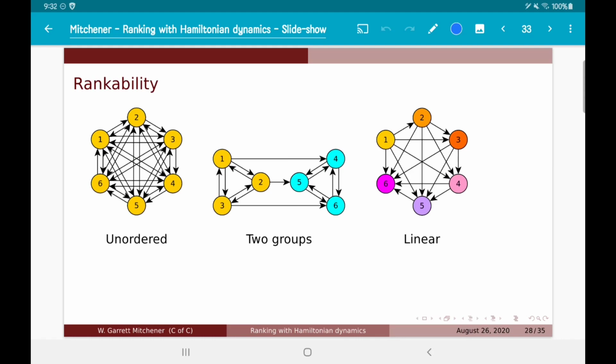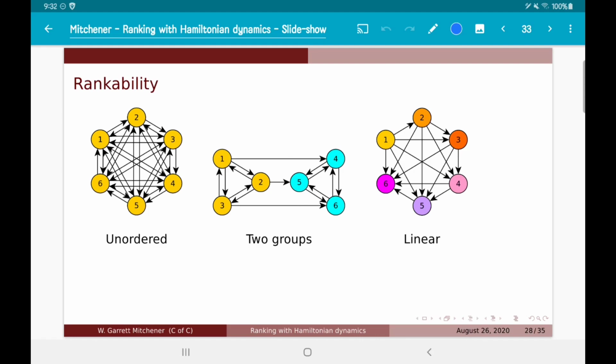Now I want to say a word or two about rankability. This was actually the conversation that got me started on this project. The idea was to be able to look at data and see how well a linear ordering actually represents this data. If we get a linear ordering out of some algorithm, how confident do we really believe the results?